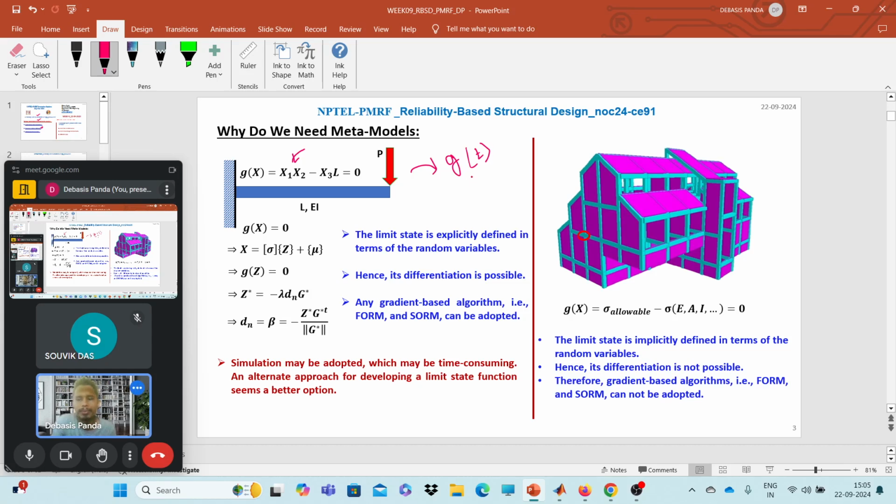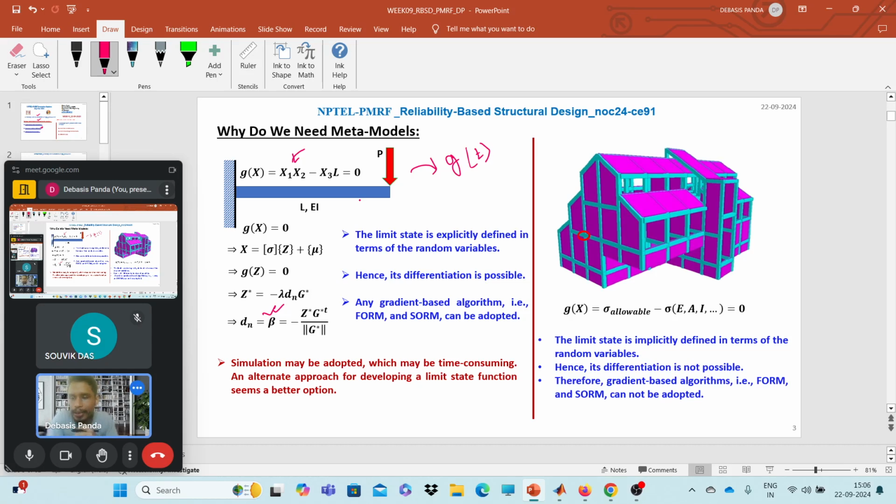That leads to the optimization problem, which we already solved using the Lagrange multiplier technique, and we find the reliability index beta and the corresponding probability of failure. We start with some initial beta and initial direction cosines, then continue the iteration until convergence is achieved.